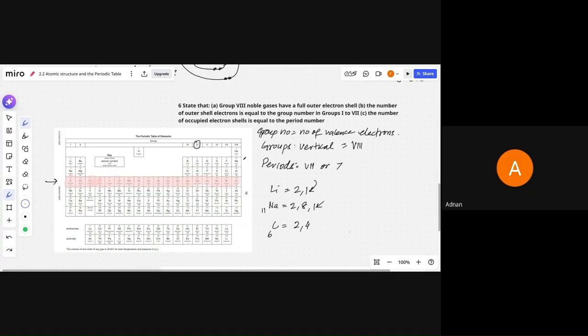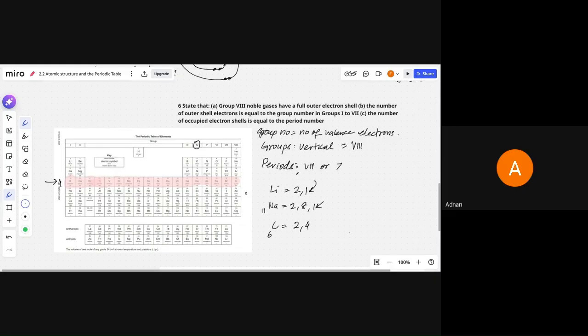For example, if I ask how many shells are there in zinc, you just look at the period number on the periodic table. Since zinc is in period 4, it has 4 shells. This is how we figure out the number of shells.